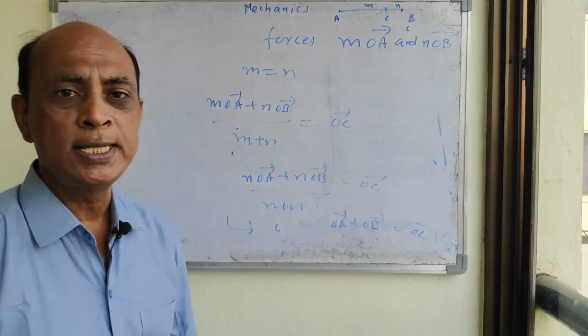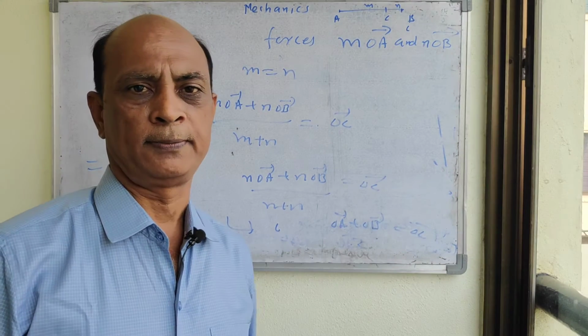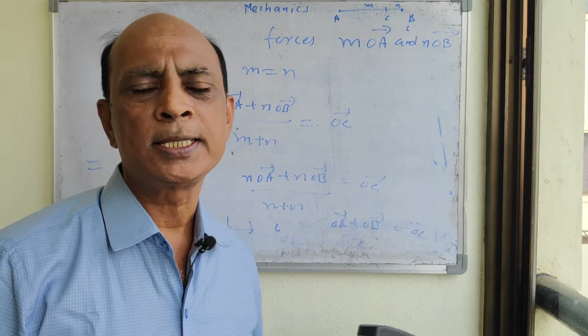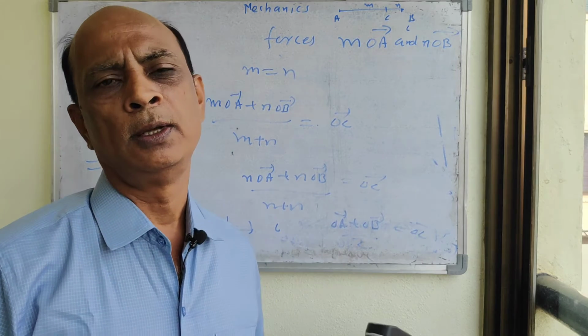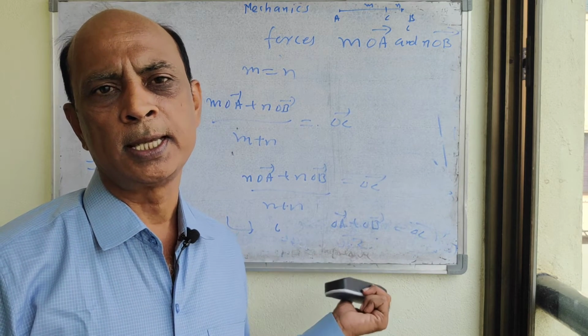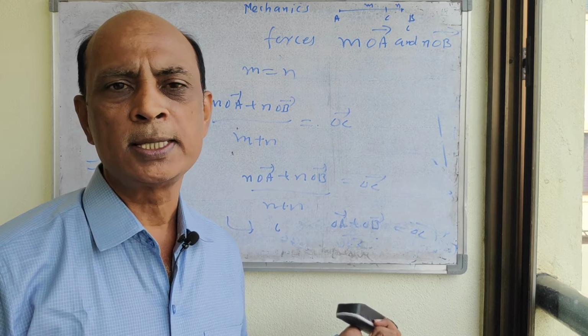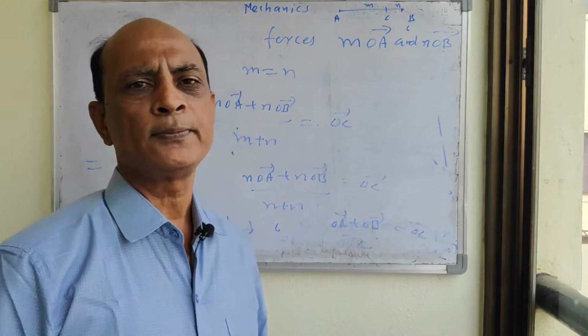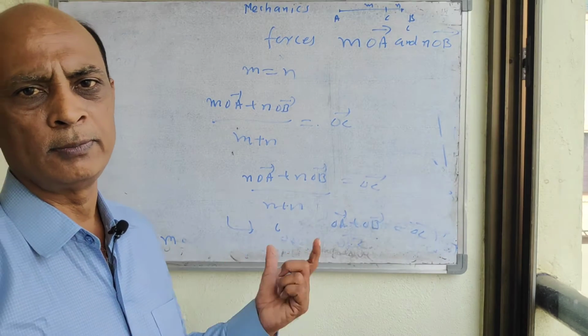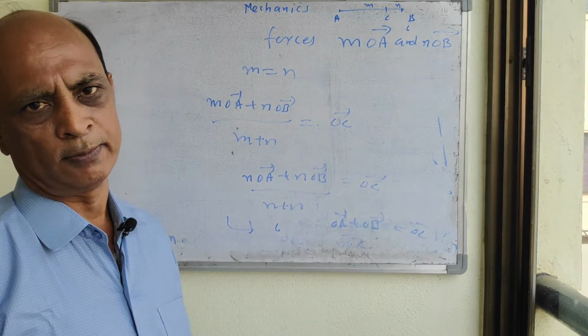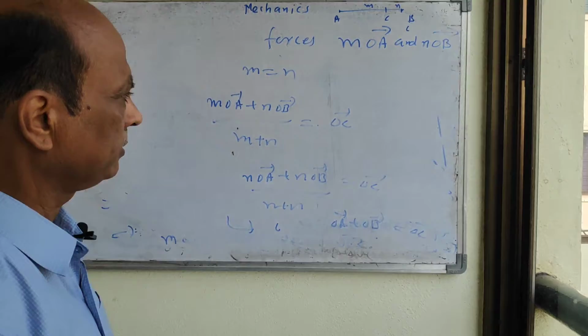And in this case, C is the midpoint of AB. In the last case, C divides AB internally in the ratio n to m. But in this case, as m and n are the same, the point C divides AB in the same ratio. That is the midpoint.